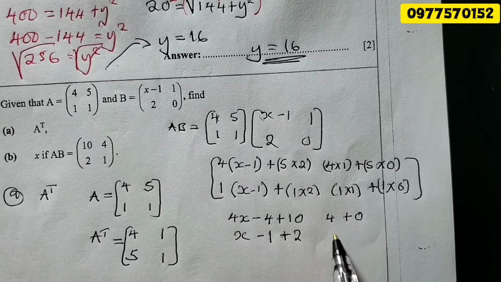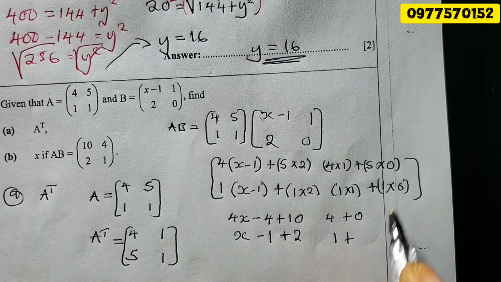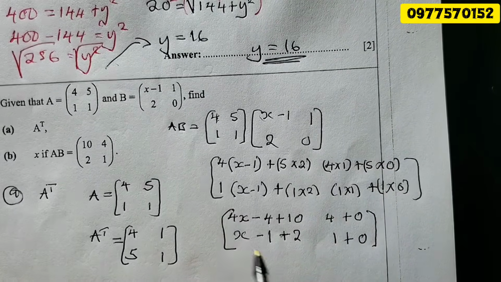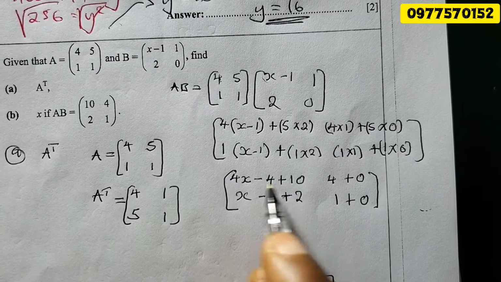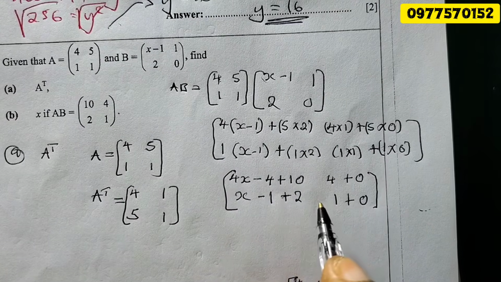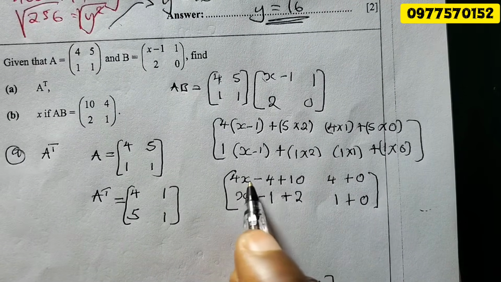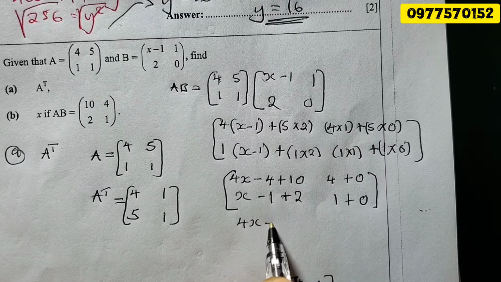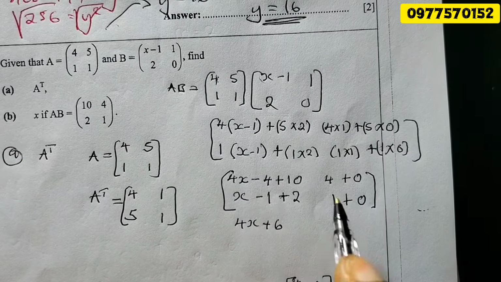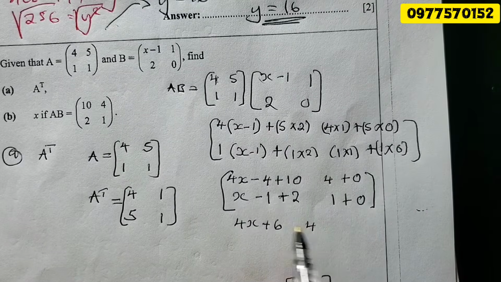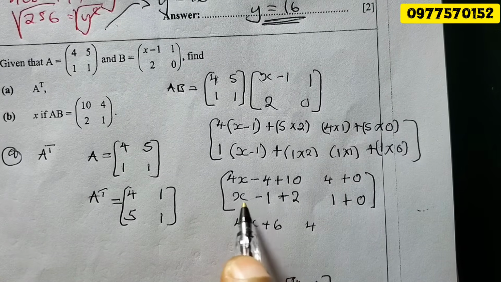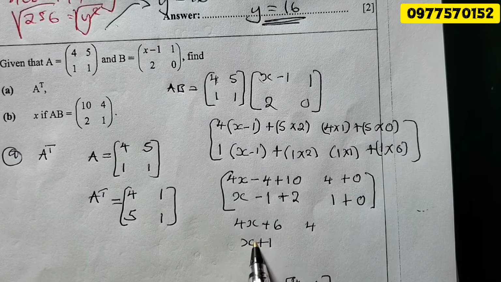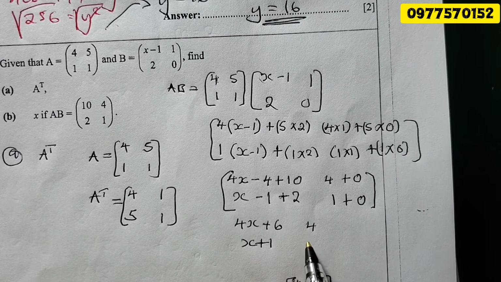Then 1 times 1 is 1, plus 1 times 0 is 0. Then we can solve because we have like terms. So 4x negative 4 plus 10 is positive 6, 4 plus 0 is 4, then negative 1 plus 2 is positive 1, so x plus 1, and 1 plus 0 is 1.